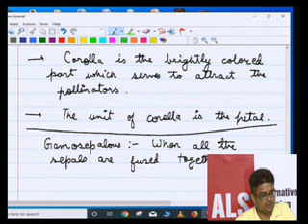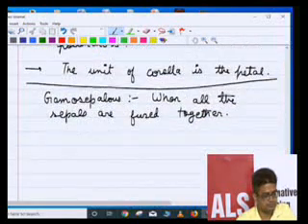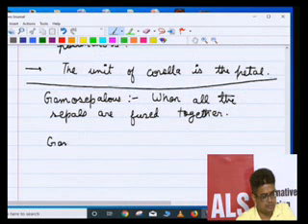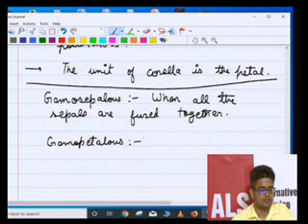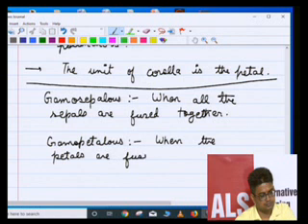Similarly, there is a term called gamopetalous, when the petals are fused together.